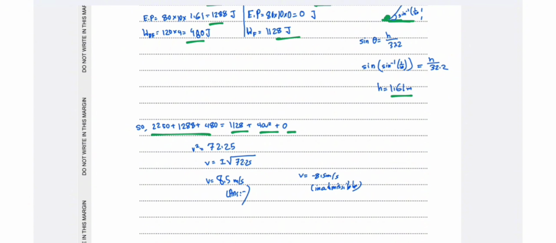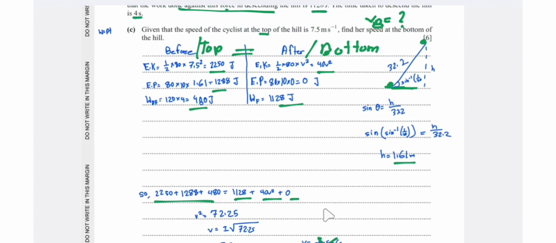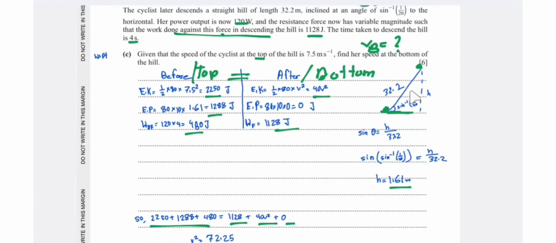So v comes to be 8.5 meter per second and negative 8.5 meter per second. Negative 8.5 is not the answer, it is inadmissible, and our answer is 8.5 meter per second. So the speed at the bottom is 8.5 meter per second.